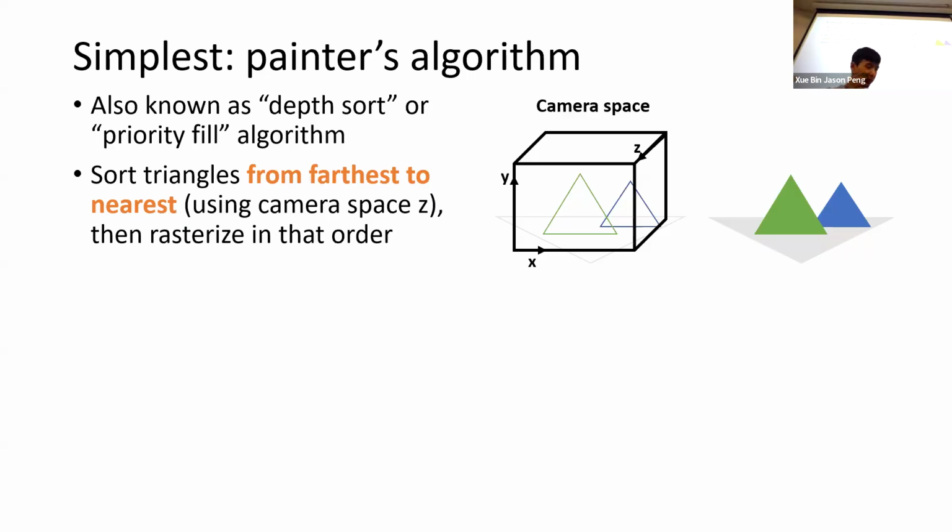Oh, right, yeah. So one of the drawbacks of this algorithm is that objects that are further away will always be rasterized into your image plane, even though they might eventually be blocked by closer objects. So you will end up rendering a lot of wasted triangles that will never show up in your image. So that is one of the inefficiencies of this method.